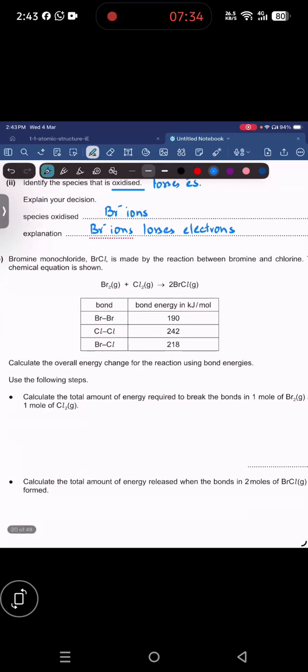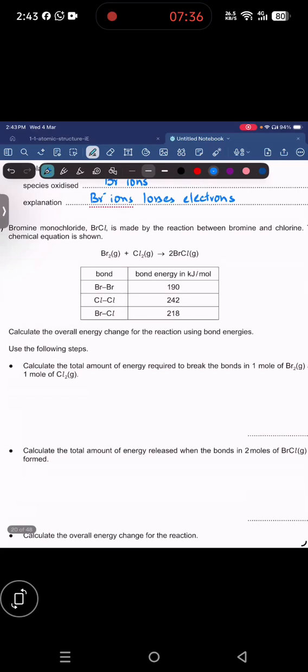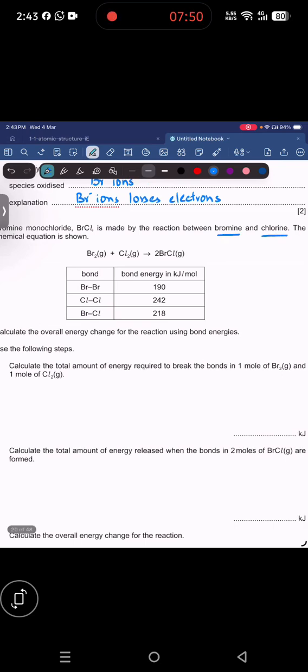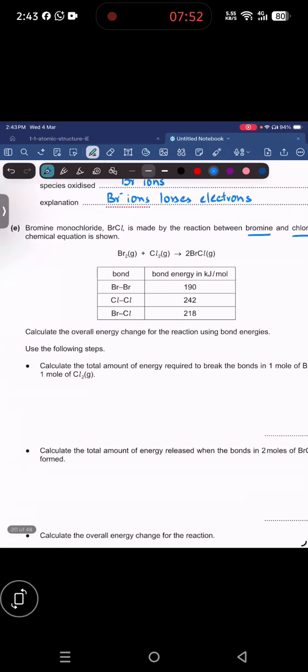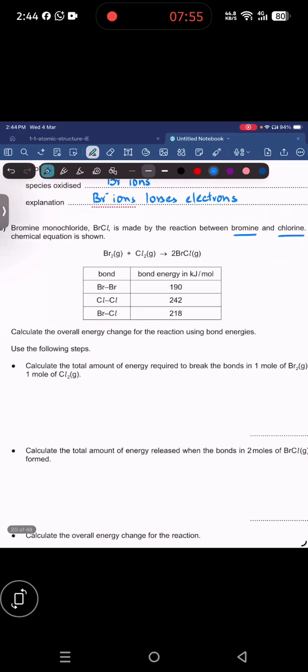Now the next thing, bromine monochloride. Bromine monochloride, BrCl, is made by the reaction between bromine and chlorine. The chemical equation is shown here. Bromine molecule, chlorine molecule, 2 moles of bromine monochloride are formed.